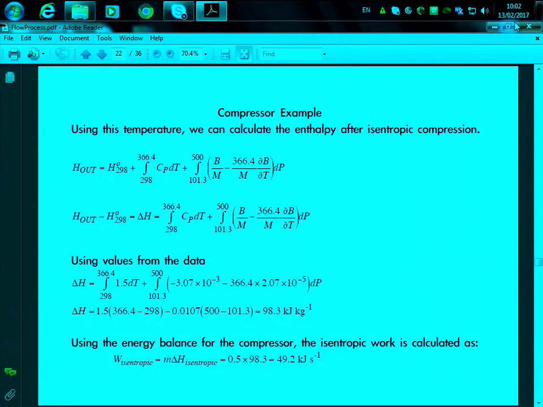Well, it's just actually a function of temperature. So if temperature changes, enthalpy will change. So the only assumption that we started with is that it's an isentropic process, and therefore entropy is the one that remains constant, not enthalpy.